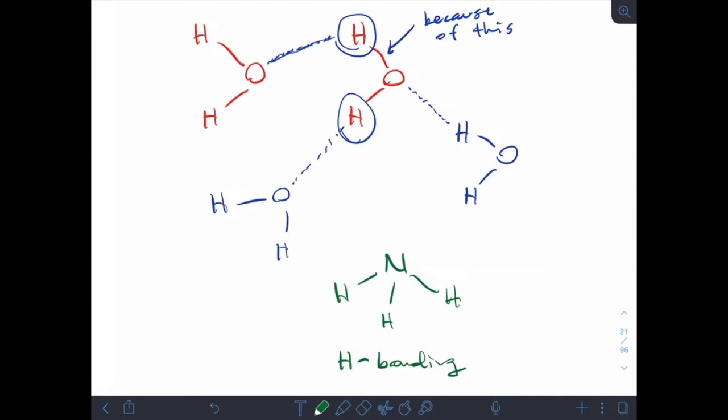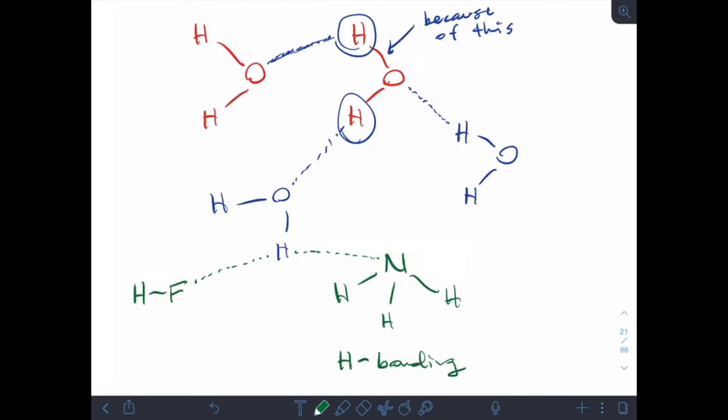Okay? And so I will have an interaction between my hydrogen and my nitrogen. Okay? Or if I had HF, right? Again, hydrogen bonded directly to a fluorine, I can do hydrogen bonding here.